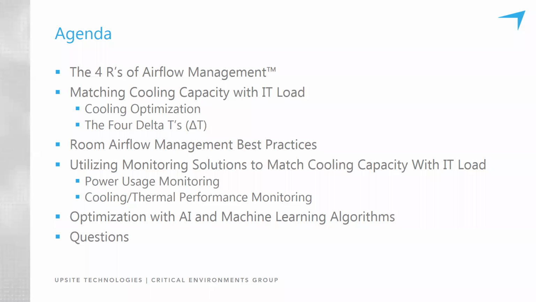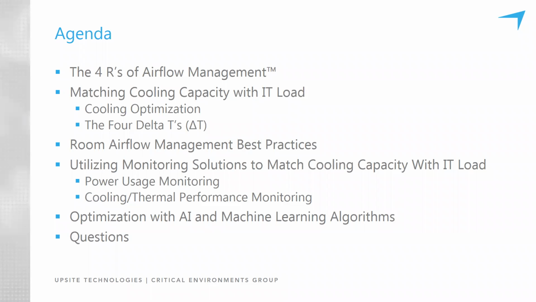We're going to discuss room airflow management best practices and then get into some of the solutions that are available to support the process. Rob's going to go a little deeper with that into artificial intelligence and machine learning solutions. And then, as Isaac mentioned, we're going to have some time at the end for questions. So please, along the way, type those questions in, and we'll get to as many of them as we possibly can at the end.